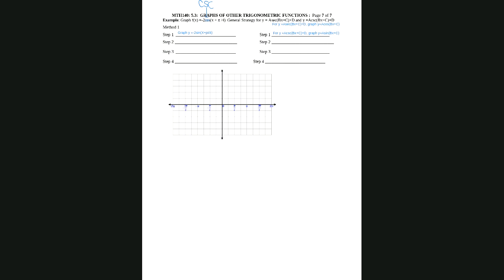Let's see. So I remember that sine x goes through the point 0, 0. So I'm going to go ahead and put a dot at 0, 0. And the amplitude is the absolute value of A. So in this case, the amplitude is going to be equal to 2.